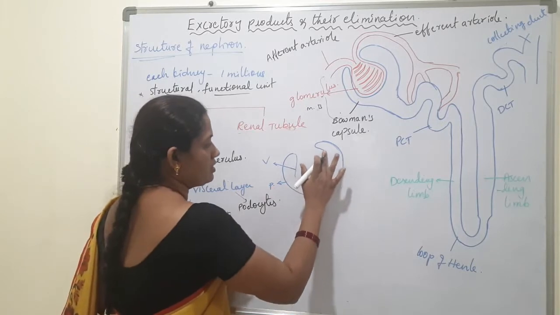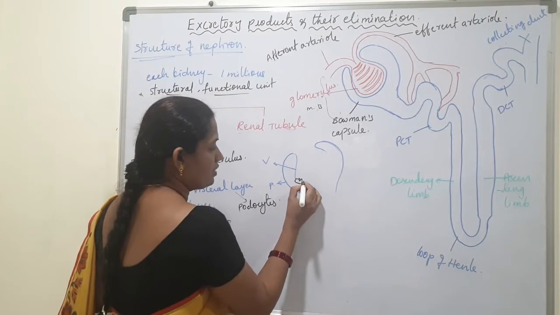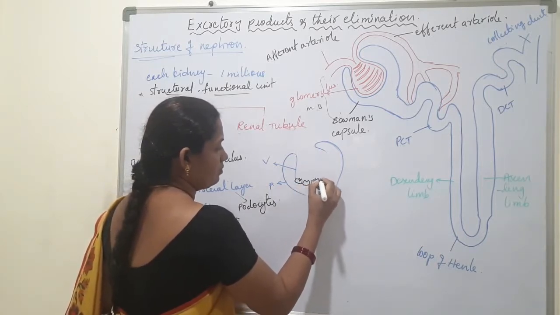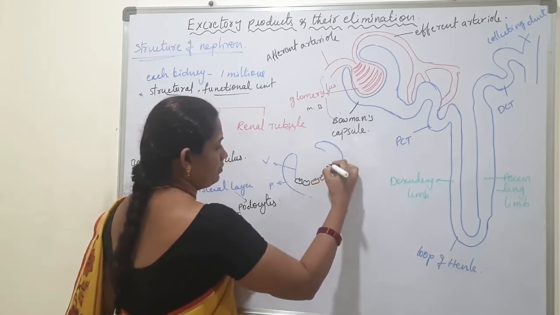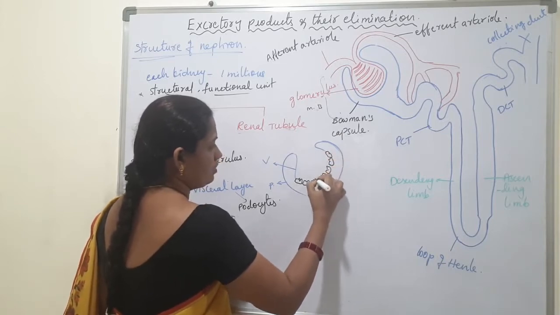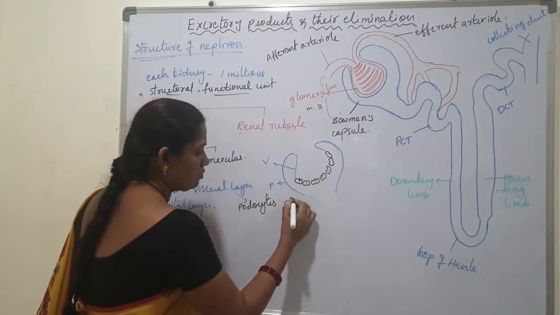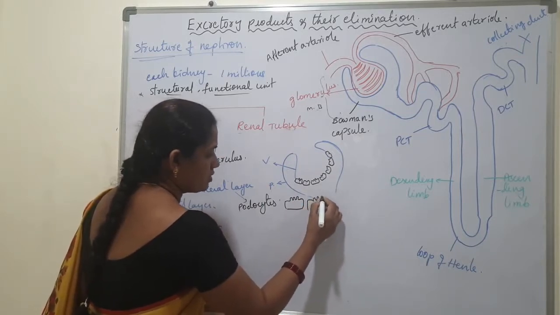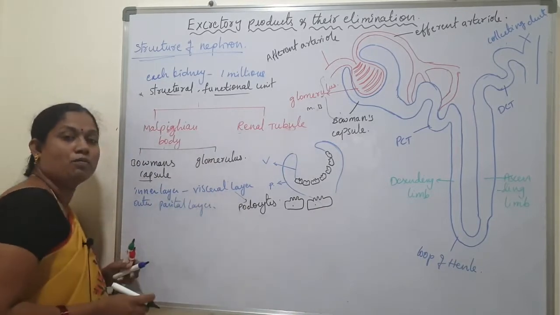Here this inner layer is made up of special cells like this. They have pseudopodia-like structures present like this. This is one cell, this is another cell. These cells are called podocytes.